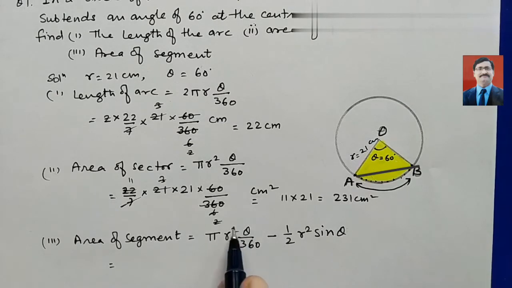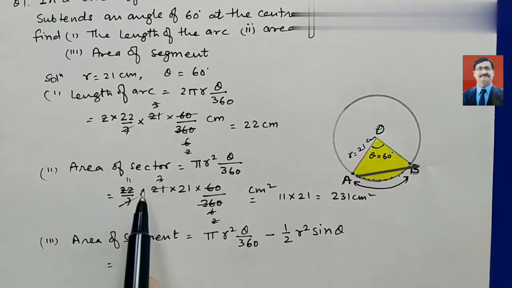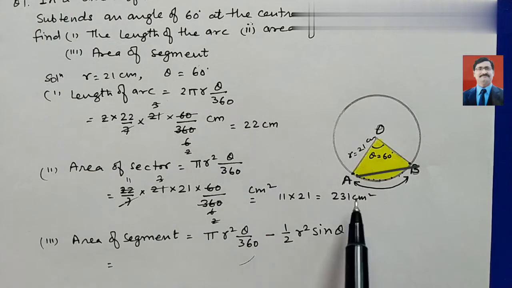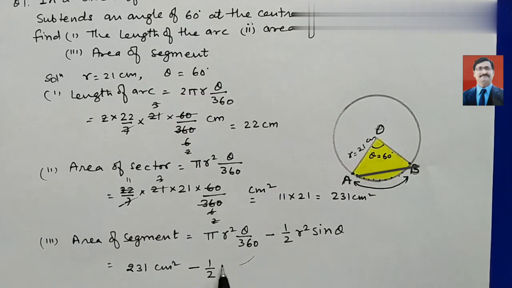Now look at this portion, in the same question you already calculated it, so you can write it as it is. This calculation we have done, 231, so you can write 231 centimeter square as it is. Now minus 1 upon 2, r is 21, so 21 square, sin theta is sin 60 degree, centimeter square.